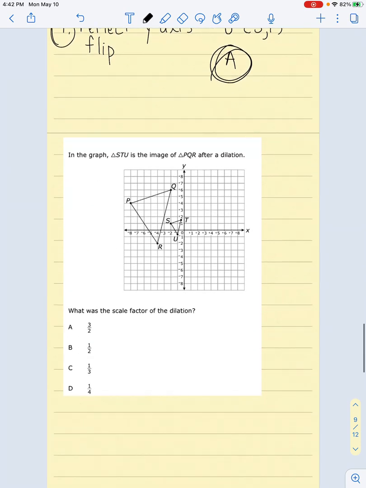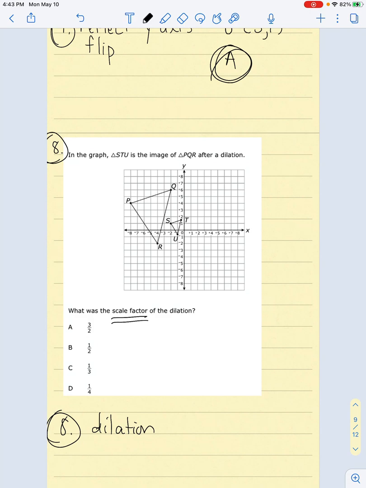Now let's take a look at number 8. It says in the graph, triangle STU is the image of triangle PQR after dilation. What was the scale factor? That's the word I was looking for, scale factor. So first of all, we have a dilation. Remember, that's either shrinking or growing.